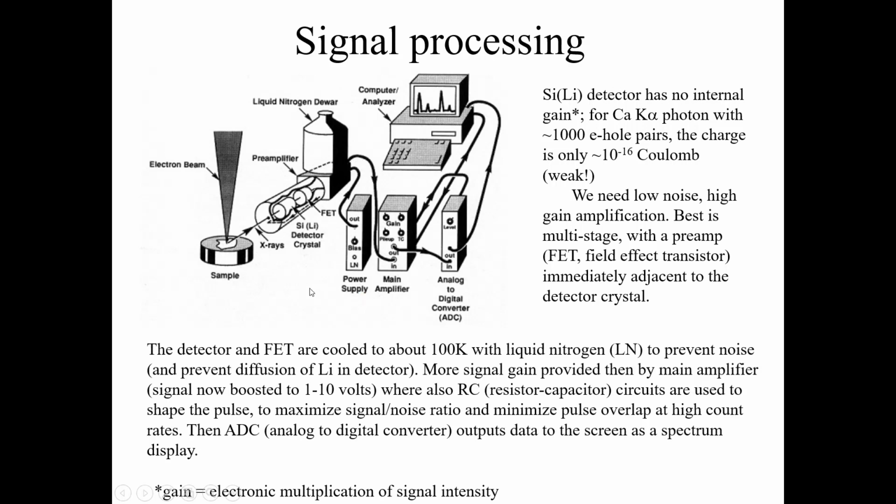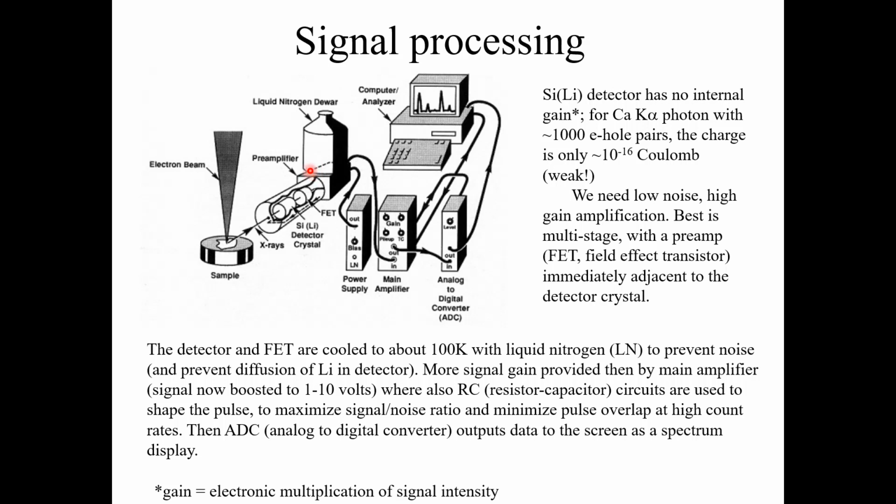The detector and the field effect transistor are cooled to about 100 Kelvin, and the cooling is done with the help of the liquid nitrogen dewar, which you can see here. The purpose is to prevent noise and to prevent diffusion of lithium in the detector.